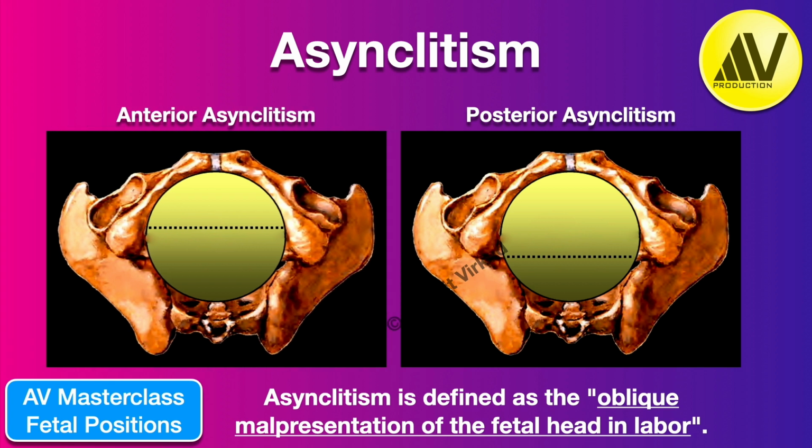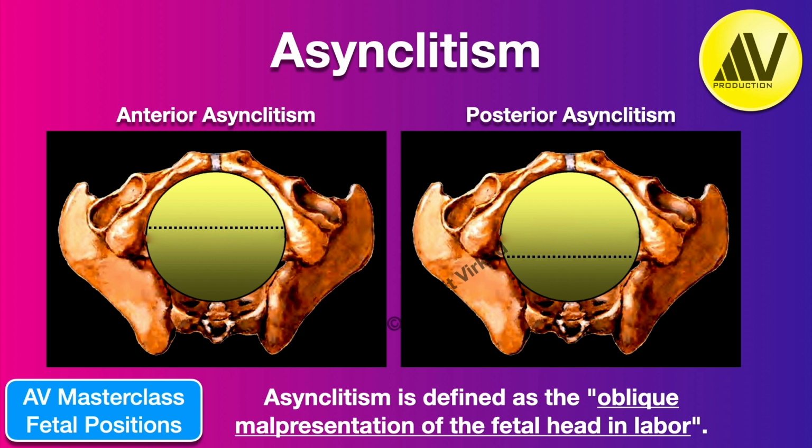This is called asynclitism, and there are two types: anterior asynclitism and posterior asynclitism as shown in the pictures. When the posterior parietal bone is at a lower level than the anterior parietal bone, it is called anterior asynclitism. Here, the sagittal suture is nearer the pubic symphysis. The converse is true for posterior asynclitism.